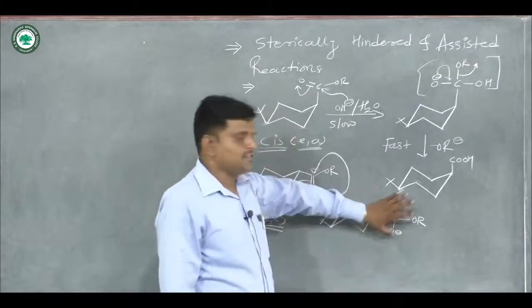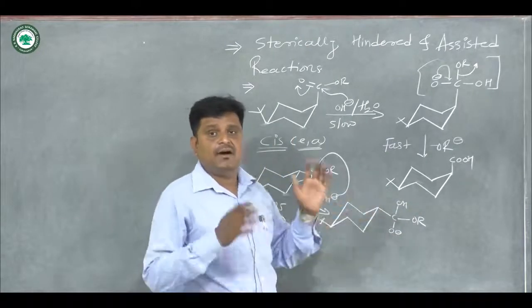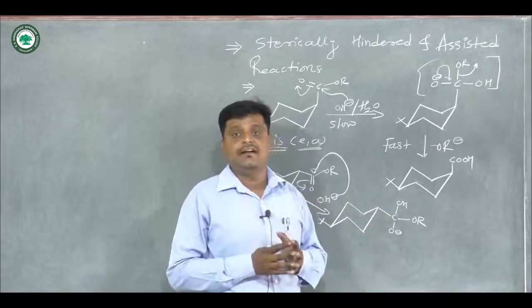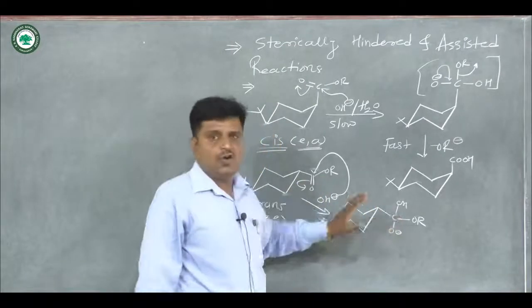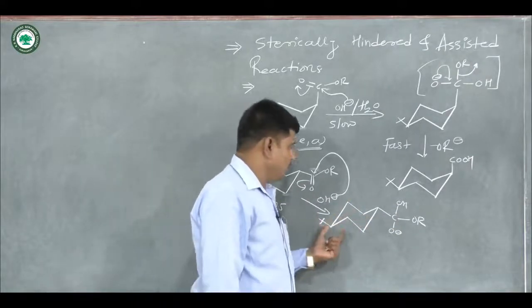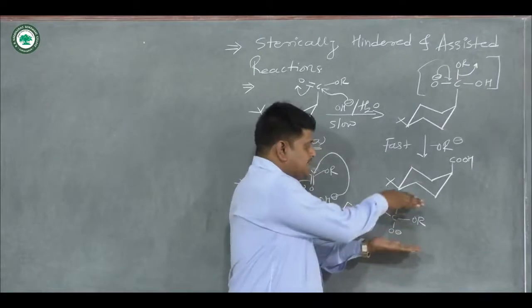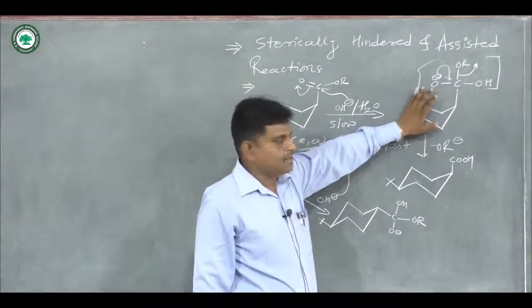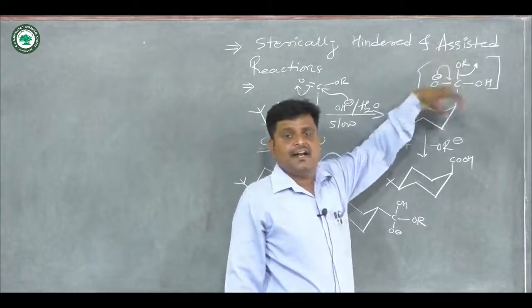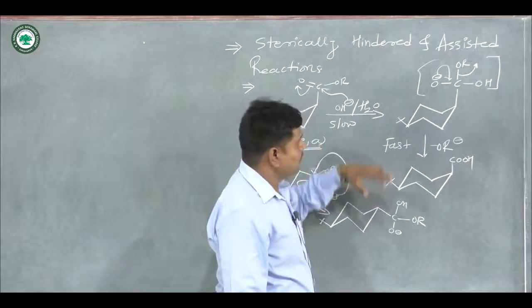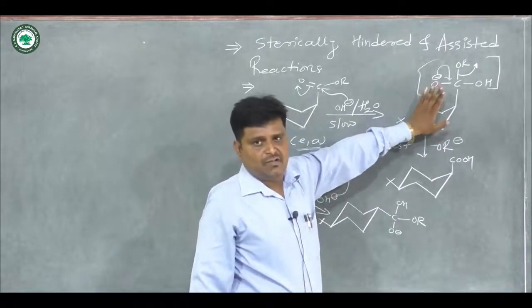This intermediate is somewhat bulkier, but that bulk is accommodated at the equatorial position, so there is no effect on the stability of this molecule. Remember this is the bulk. As in the first reaction, where the bulk is at the axial position, it affects the stability of the molecule much.